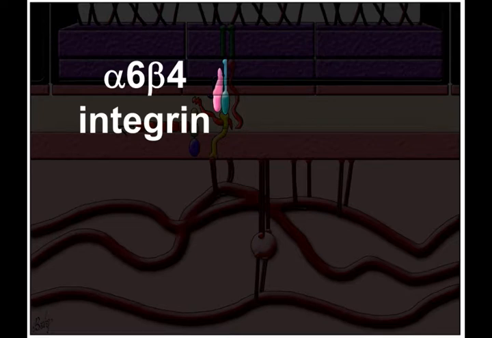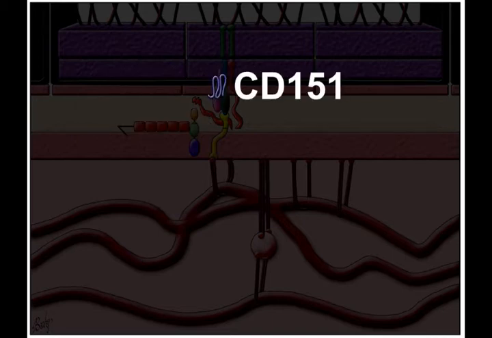The alpha-6 beta-4 integrin also spans that same zone. Some people pronounce it integrin. I think you'll hear it both ways. CD151 antigen is also located, but predominantly towards the cellular side.